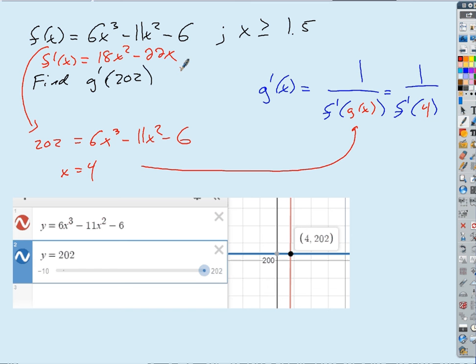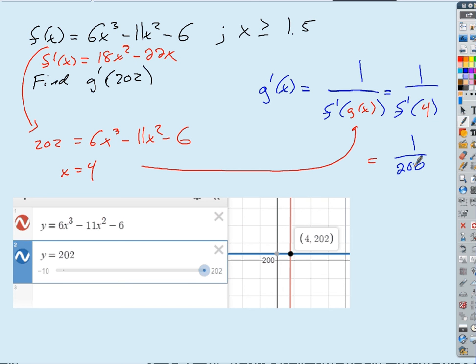So is it 196? Is that right? I'm not getting 200? What did I do wrong? Oh well. Okay, so we get 1 over 200 is our answer.